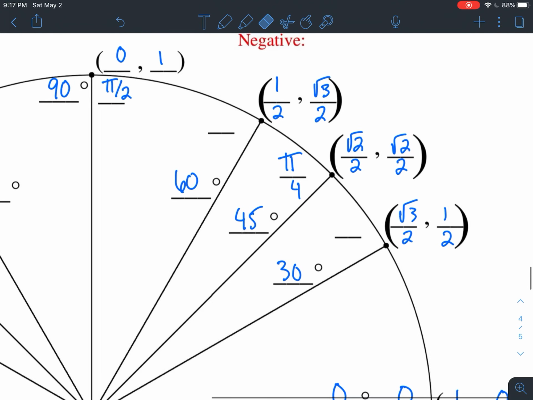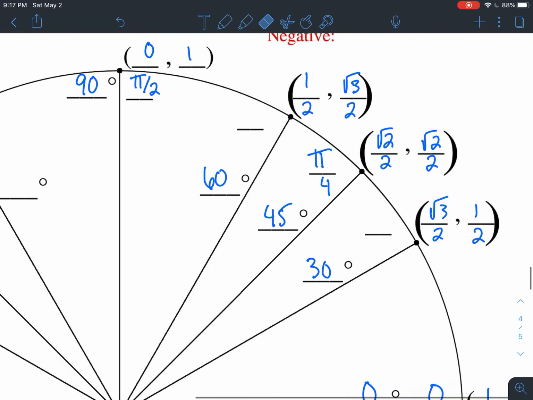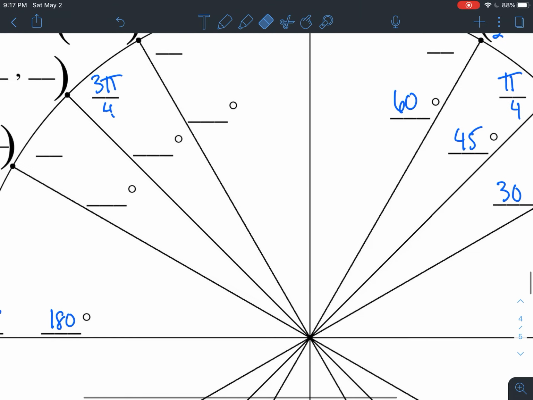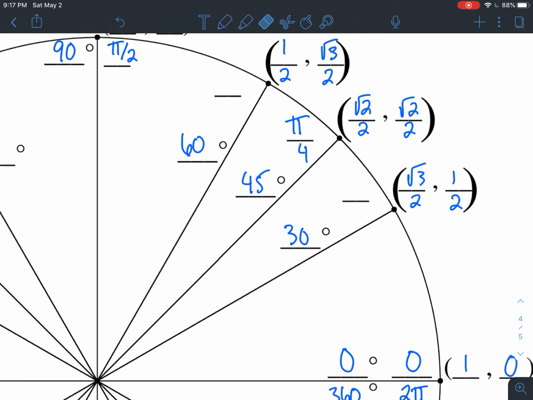The other thing you could do is use your conversion, because in the extension here, we went through and did all of these angles that are here in degrees already. We've identified those. So what you could just do is use that conversion factor of pi over 180 to go from your angle in degrees to your angle in radians.